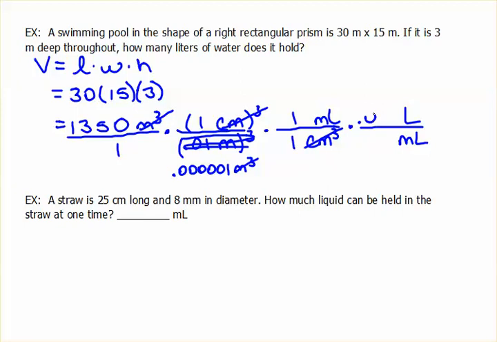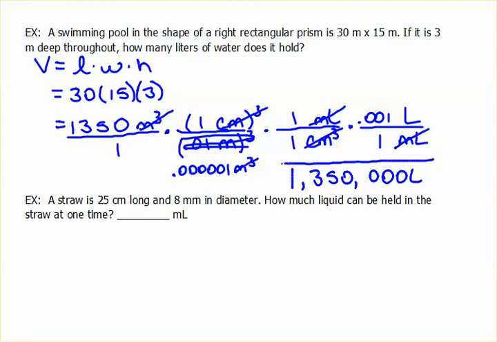Well, there's 0.001 liter in 1 milliliter. So that will cancel out our milliliters. And now we multiply across the top, divide everything across the bottom, and we should end up with 1,350,000 liters in that swimming pool.